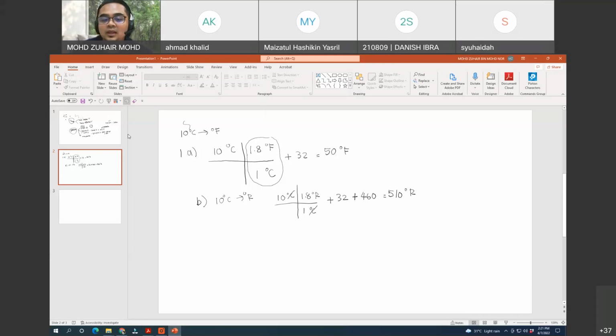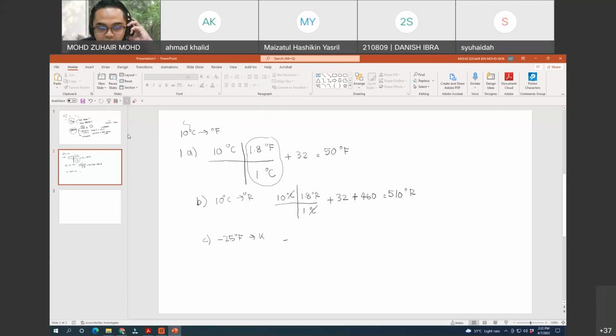And 1C, convert from negative 25 Fahrenheit to Kelvin. Okay. So for this one, you can just refer to the formula. There are two ways actually. You can convert Fahrenheit to Celsius first, and then from Celsius just add 273 to become Kelvin.